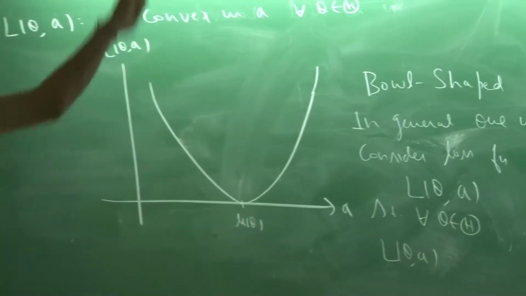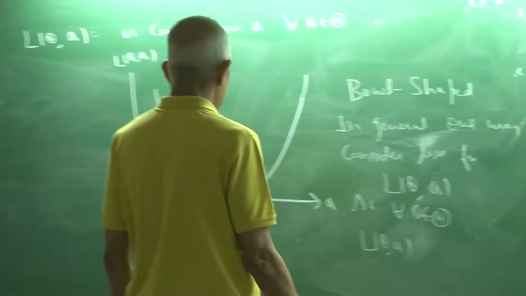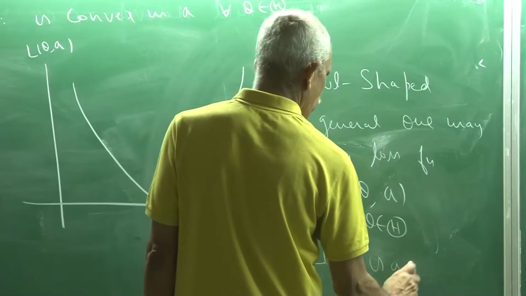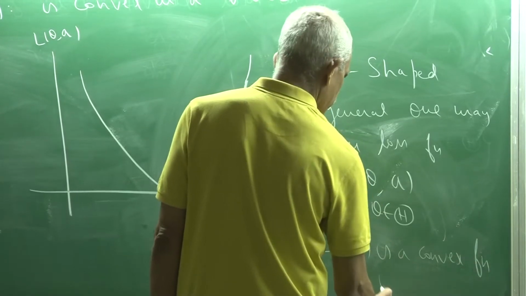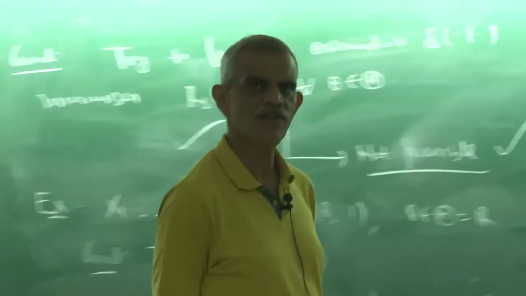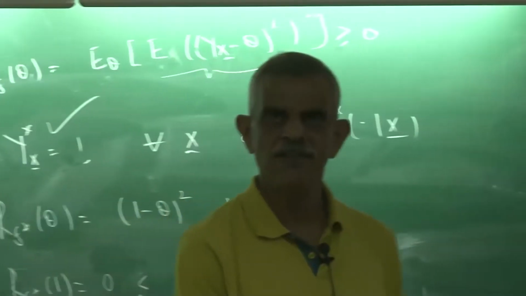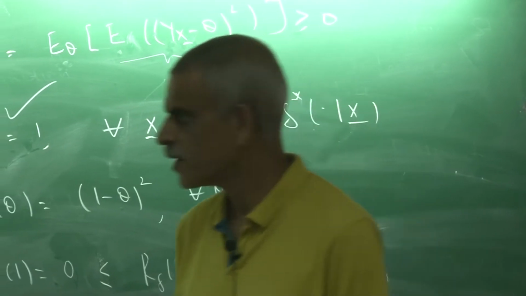Note that a bowl-shaped function is always a convex function. So L theta A is a convex function of A. That is why these convex loss functions play a very important role in parametric estimation.